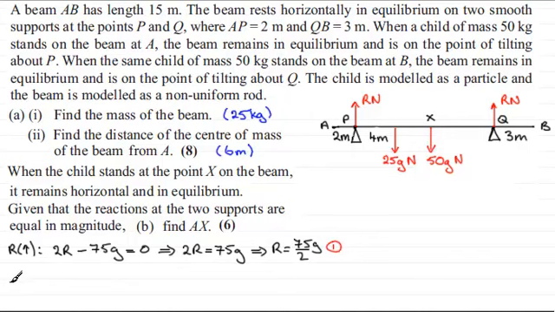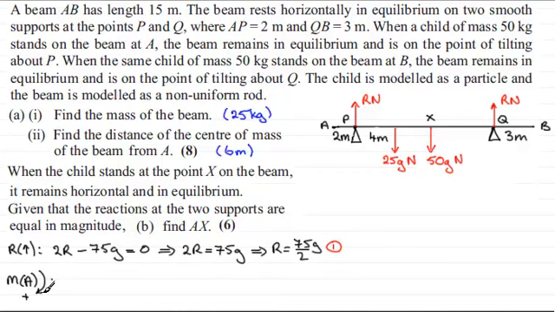And next, I'm going to take moments about A. And I need to set up a sense, and I'm going to take clockwise as being my positive sense. It doesn't matter which way we take it, but I just feel that'd be the best way here.